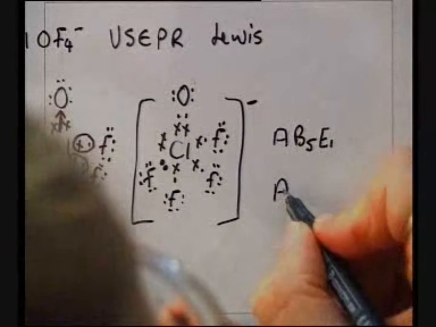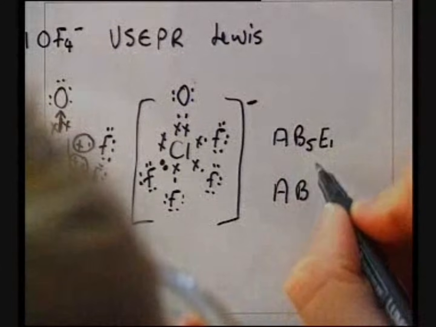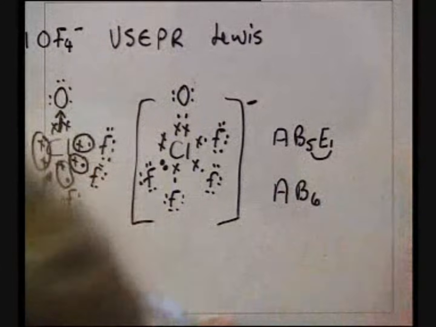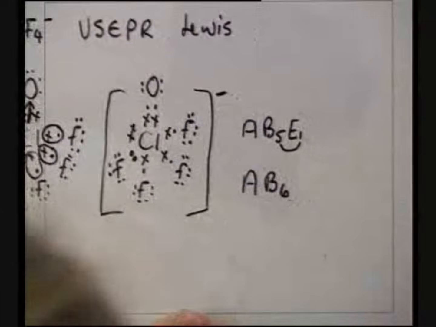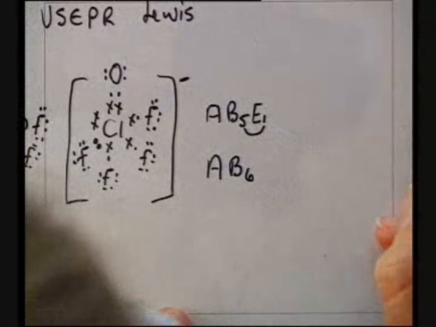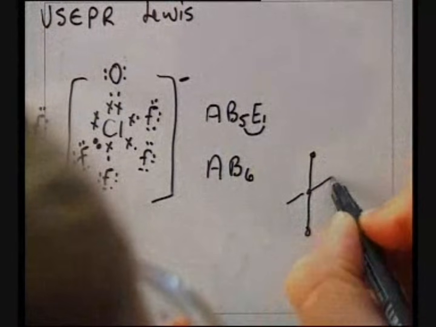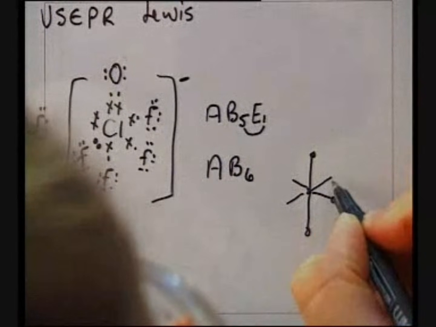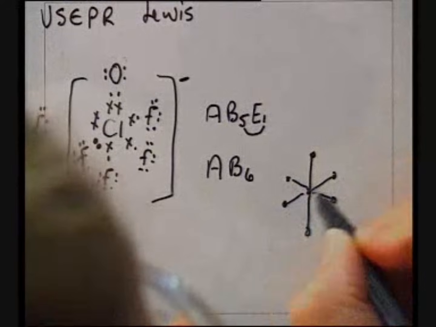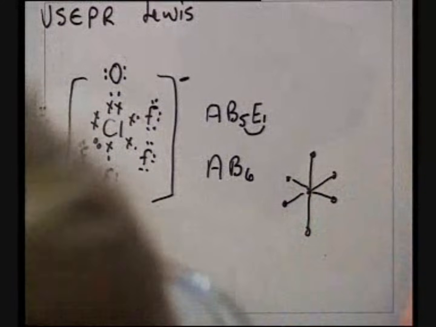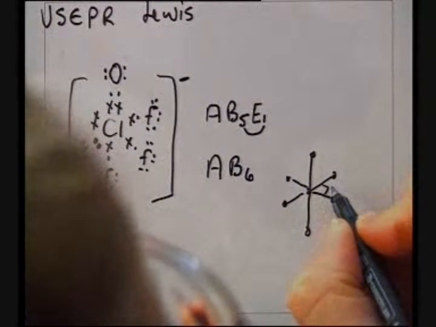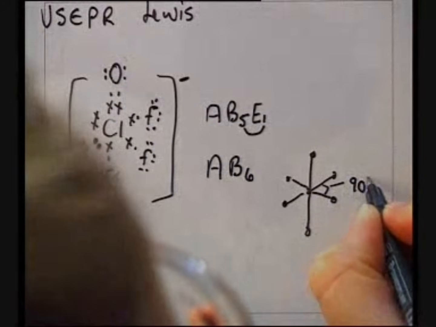Electron pair geometry is AB, 5 plus 1 will make 6, AB6, that will predict an octahedral geometry. For the octahedral geometry, we predict bond angles of 90 degrees.